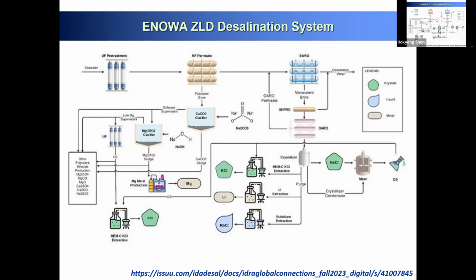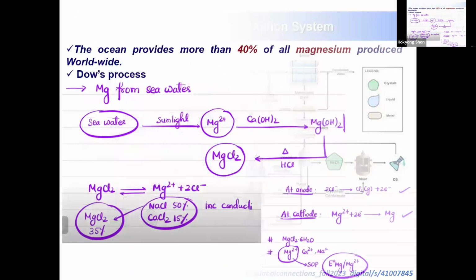At the end, you also have potassium fertilizer, potassium chloride production, then further concentrated sodium chloride, and medium extraction. So you can have different technologies step by step, and you can have a different ion production line.